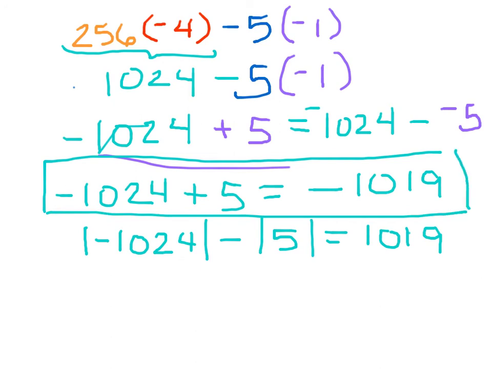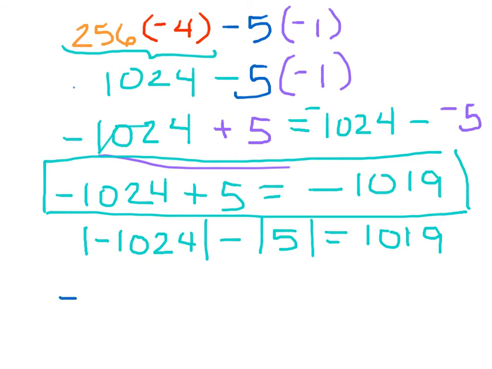All right, so there you go. And I think your extra credit for this one will be, since I had -4 to the 5th power, I knew I was going to get a negative answer at the end, okay? And why is that? The reason is, let's just rewrite it.